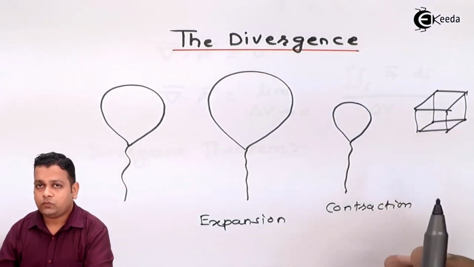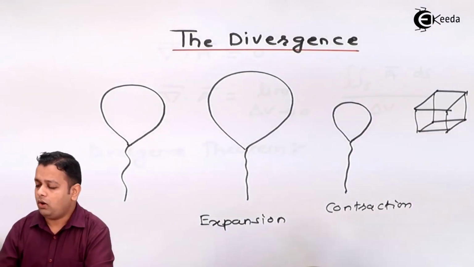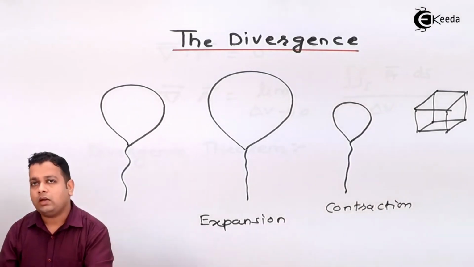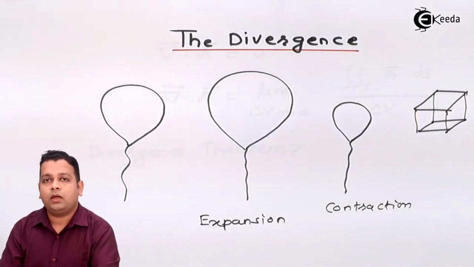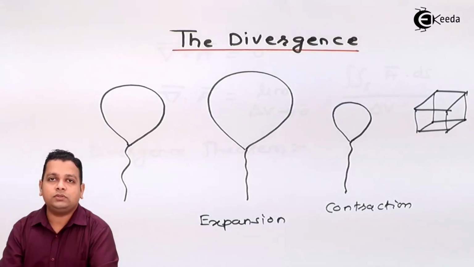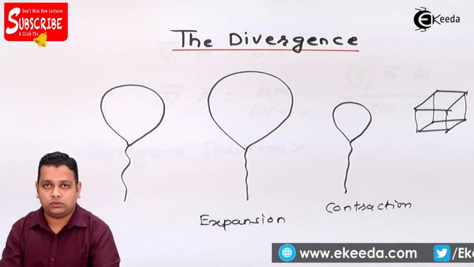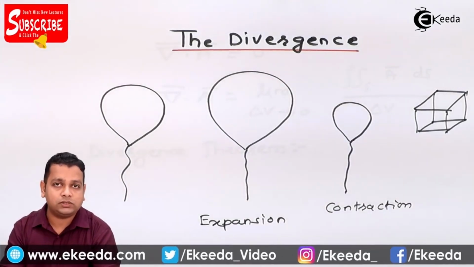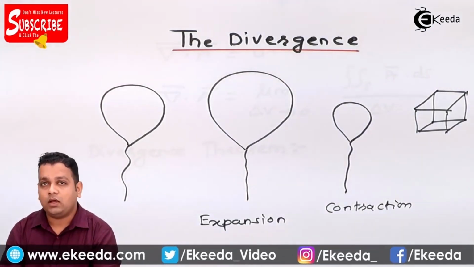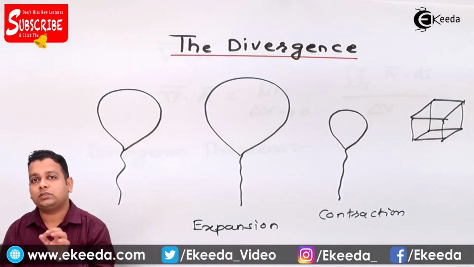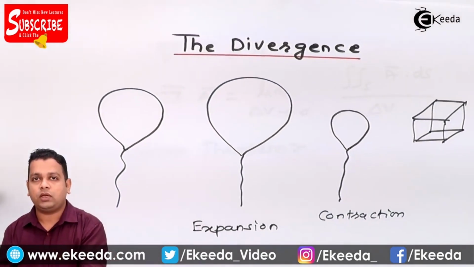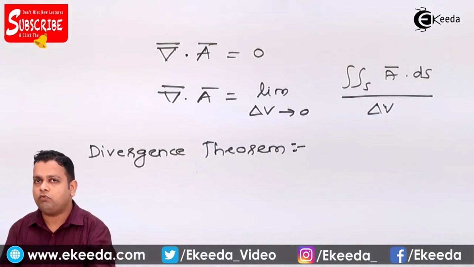Here the divergence effect on this particular object can be explained with the help of either surface area values or volume values. So we can use two types of integrals, surface integrals and volume integrals. The same physical concept we can represent using two forms.